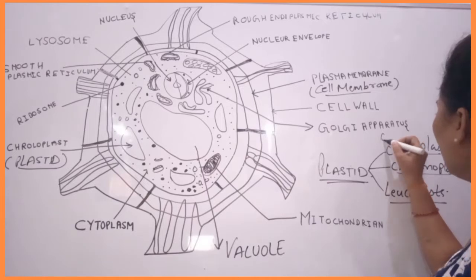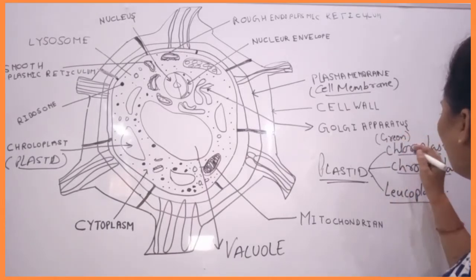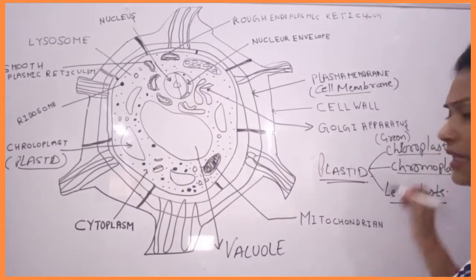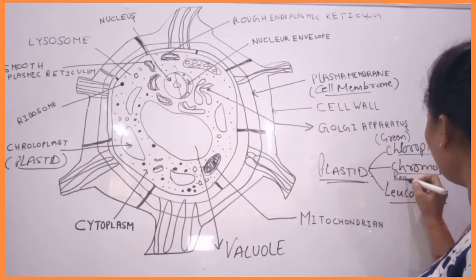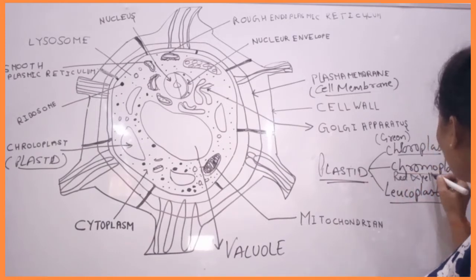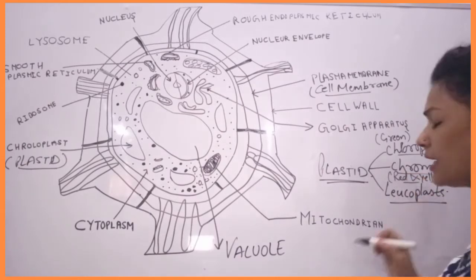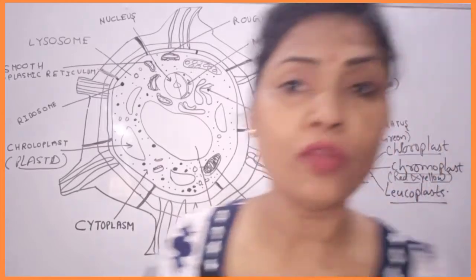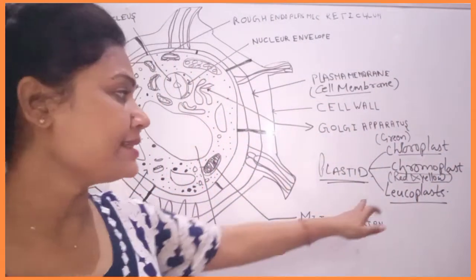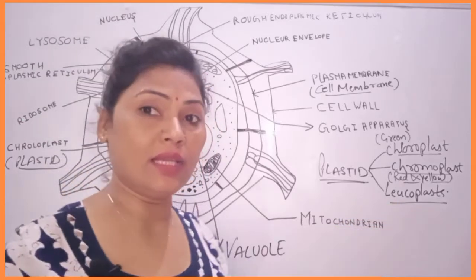Chloroplast is a green colored plastid, and it gives green color to the leaves. Chromoplast is red and yellow, and it gives the red and yellow color of fruits and flowers. The third one is leucoplast.